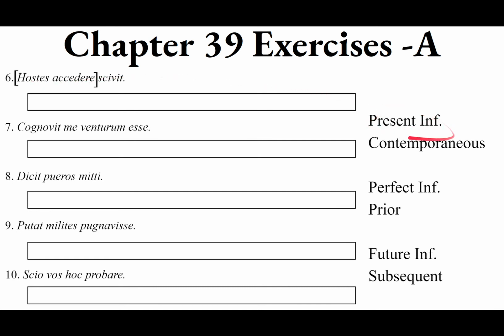So as a present infinitive, accedere, this is a contemporaneous action to the introductory main head verb. So in the past, he, she, it knew in the past, yesterday, last week, whenever, sciuit, perfect tense, knew it. And at that time, contemporaneously, at that same time, the enemy was approaching. He knew the enemy was approaching.